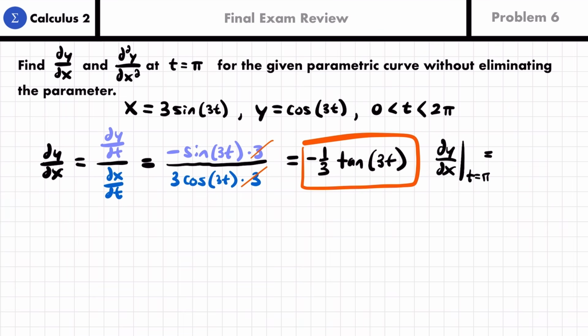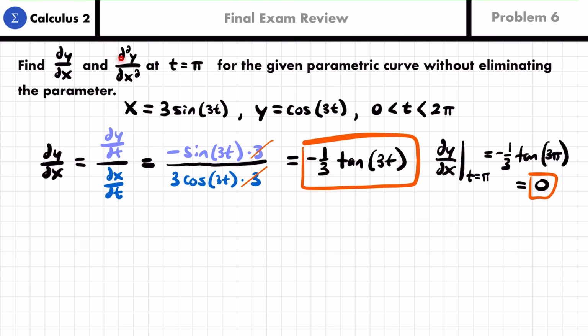So that will be equal to negative 1/3 times tangent of 3t, where t is pi, so we have 3 pi. Okay, and tangent of 3 pi is equal to 0. So you have 0 times negative 1/3, which is just equal to 0. Okay, so that is the evaluation of dy dx at t equals pi. And so that takes care of the first derivative.